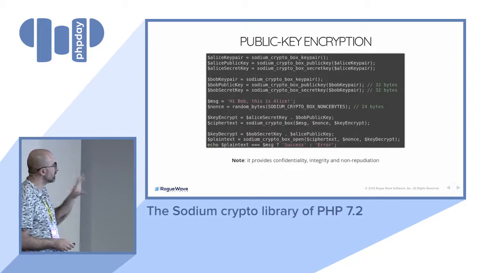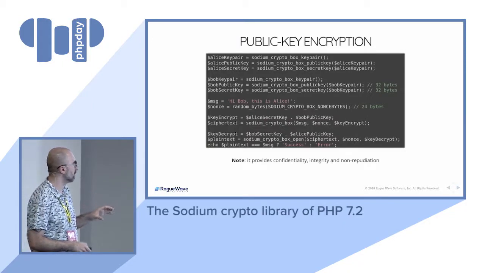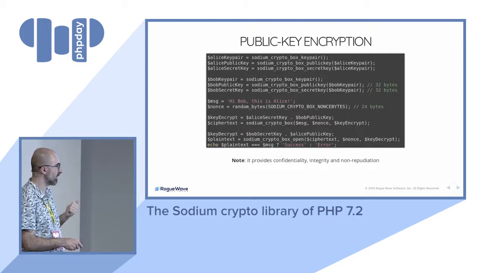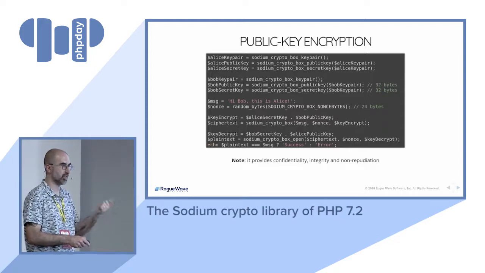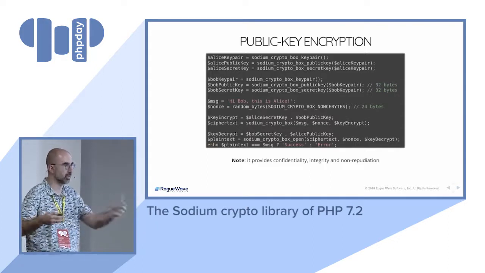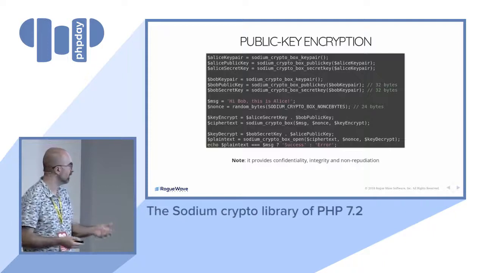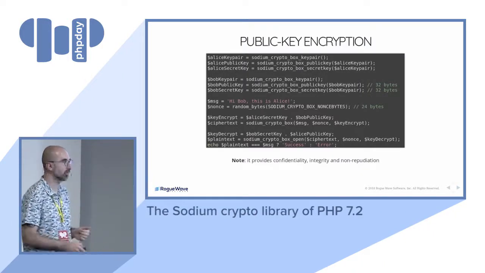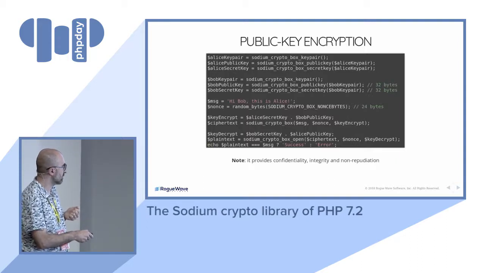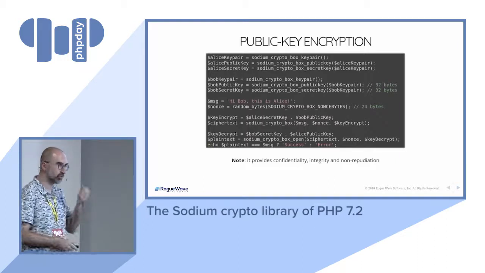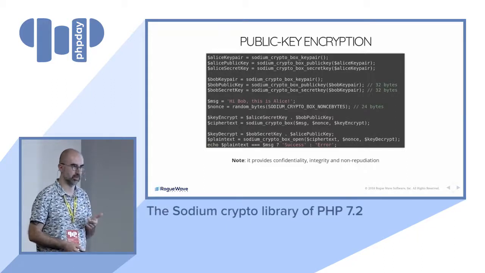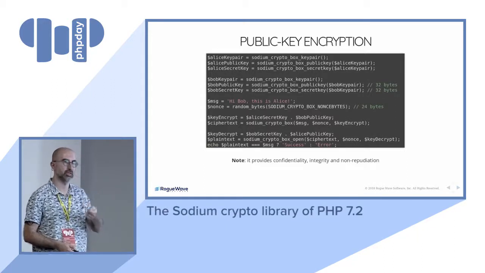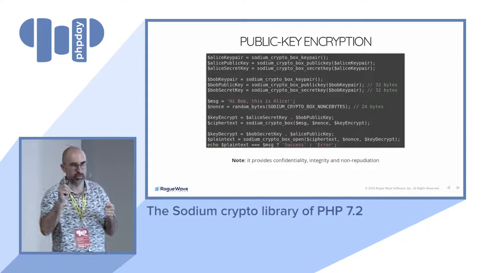Basically, this way to encrypt information provides you confidentiality, because it protects the message, integrity, because if you change something in the message, the algorithm is able to recognize that someone has changed even one bit, and also non-repudiation. This is very important, because if you receive a message from Alice, you can prove that the message comes from Alice, because only Alice knows the secret key corresponding to the public key used.